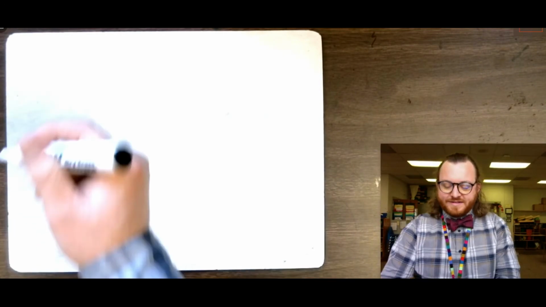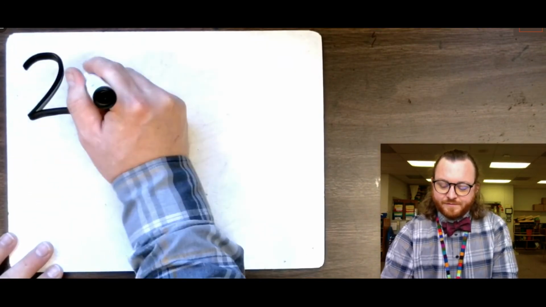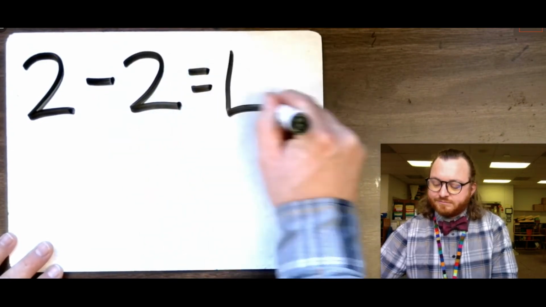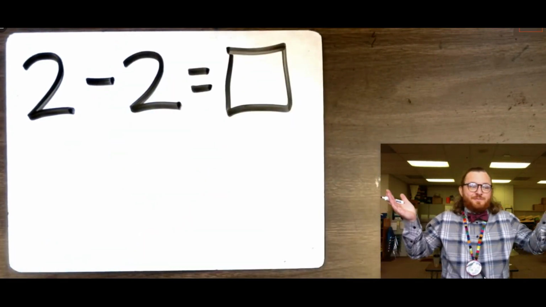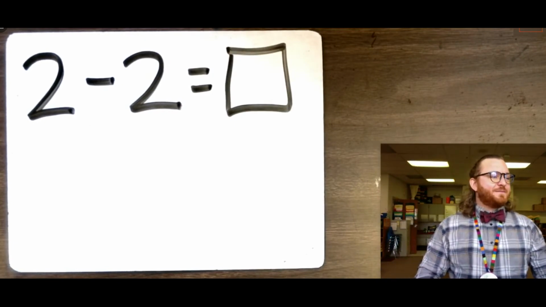Okay, what's this one? 2 take away 2 equals, I don't know. What's the first thing that I need to do to solve my problem?